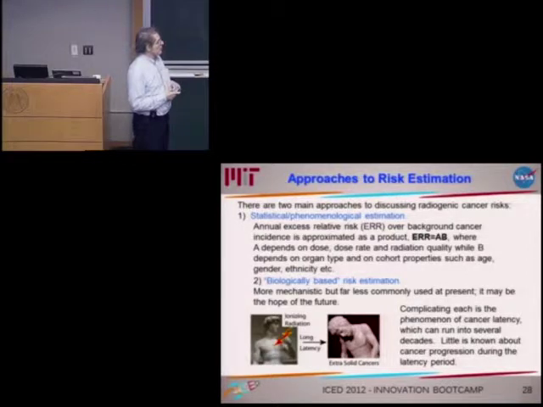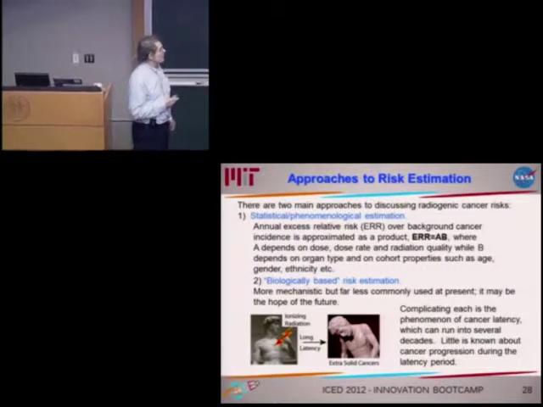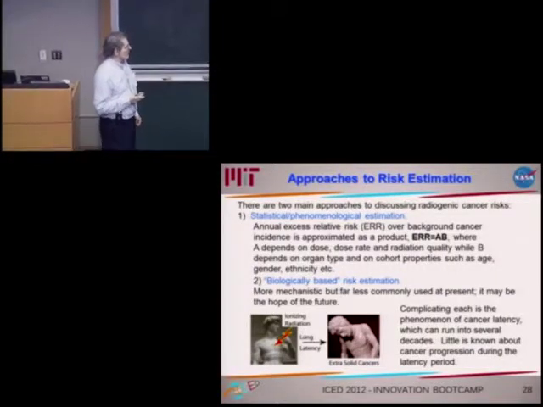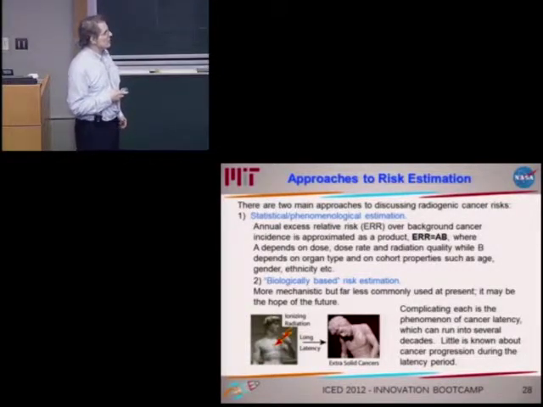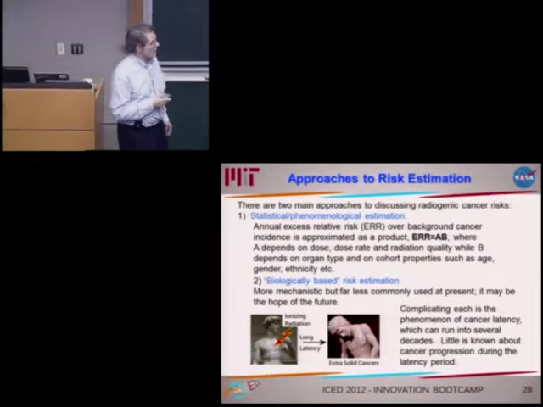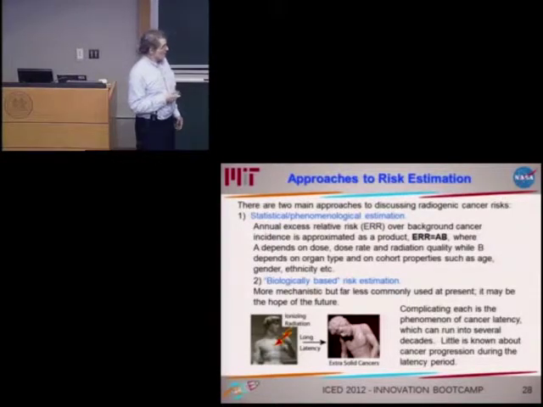The one most commonly used for the purposes of actual policy making is the statistical phenomenological estimation approach. One here considers the annual excess relative risk, as discussed, the ERR over background cancer incidence, and they take that to be, in effect, a formula like as shown there, the excess relative risk being a product of two inputs, A being the decidedly radiogenic contribution.